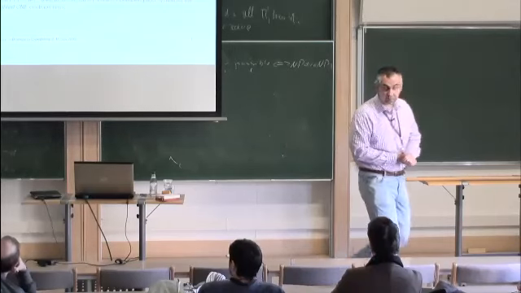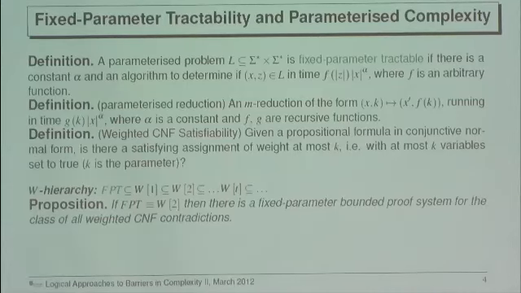A quick review or an overview of fixed parameter tractability and parameterized complexity. A parameterized decision problem has two parts, the input and the parameter. It is tractable if it's solvable in time polynomial in the size of the input times any function of the parameter only.